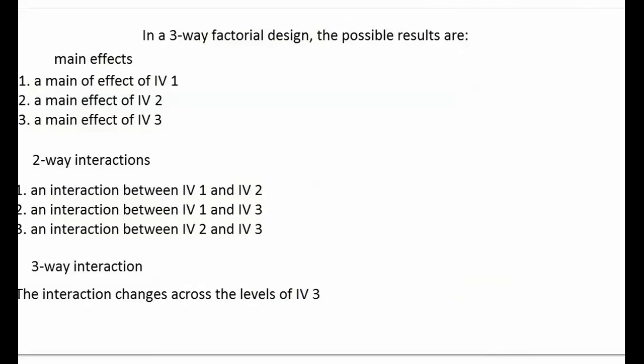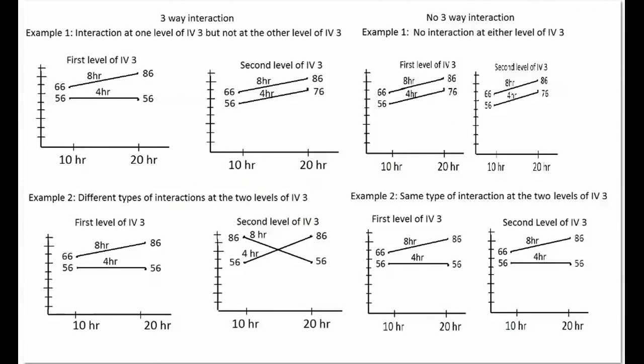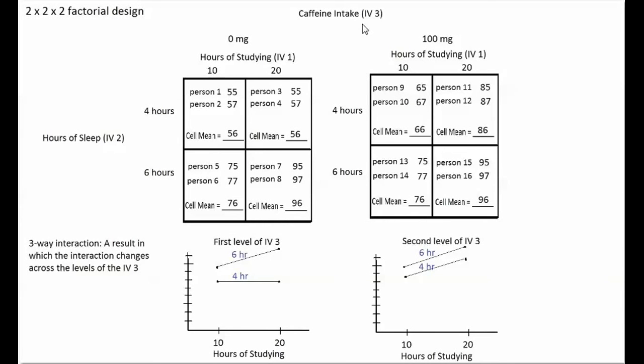The main effect of IV3, or the main effect of caffeine intake, would be the difference between the mean of all 8 people who were assigned to the first level of IV3 and the mean of all 8 people who were assigned to the second level of IV3. In other words, it would just be the difference between the mean of the 8 people in the 0 milligram condition and the mean of the 8 people in the 100 milligram condition.